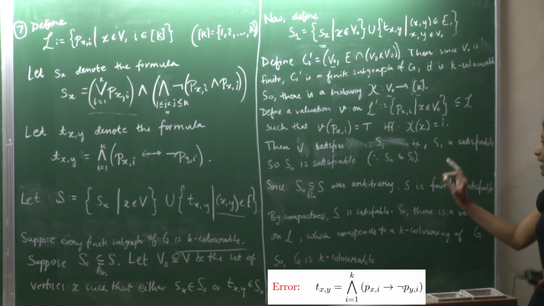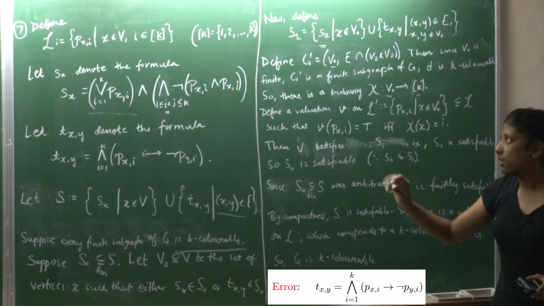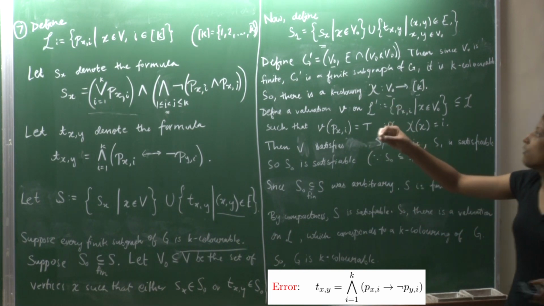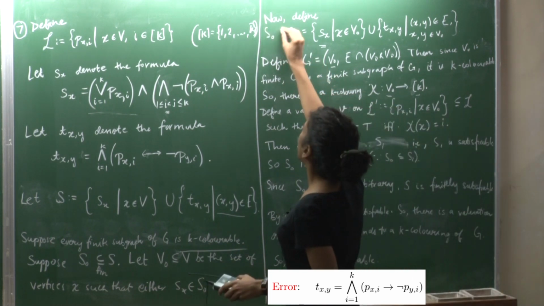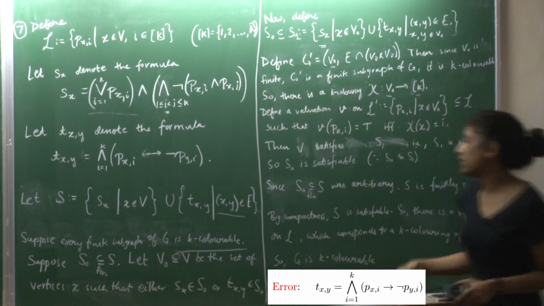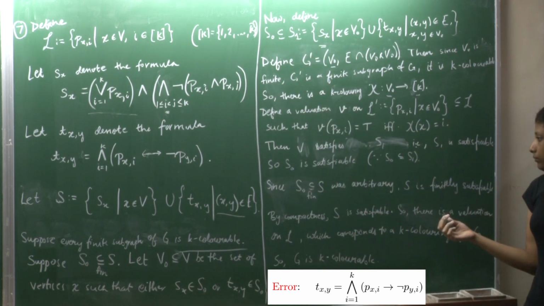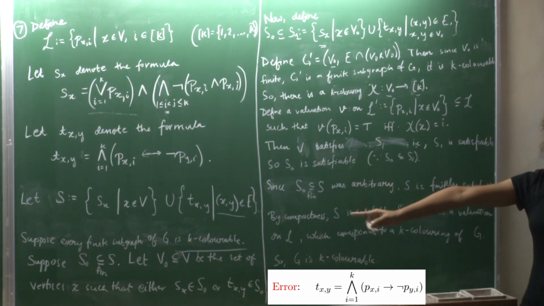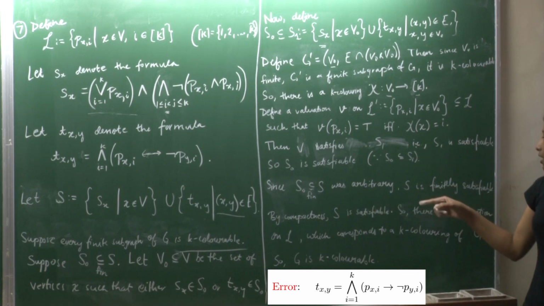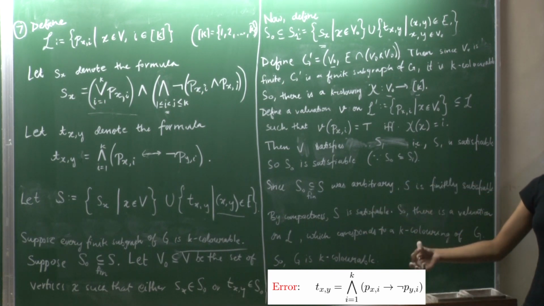That means that S1 is satisfiable. And since S0 is a subset of S1, S0 will also be satisfiable. And since S0 was an arbitrary finite subset of your formulas, you can conclude by compactness that S is going to be satisfiable.